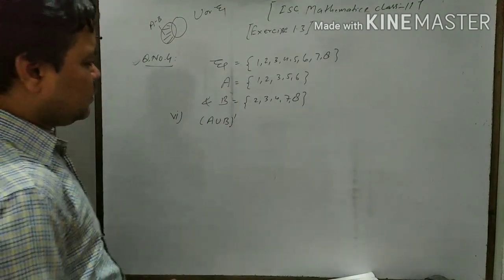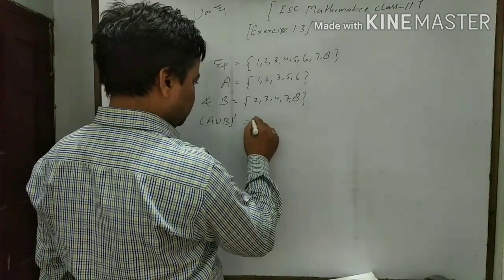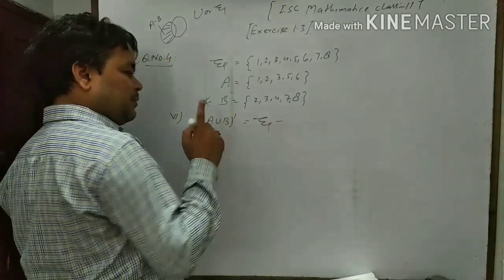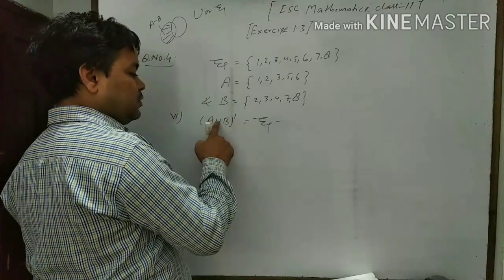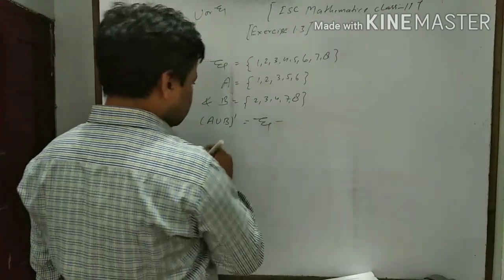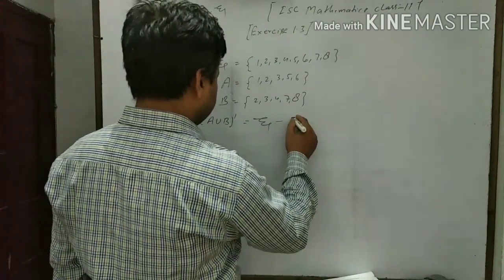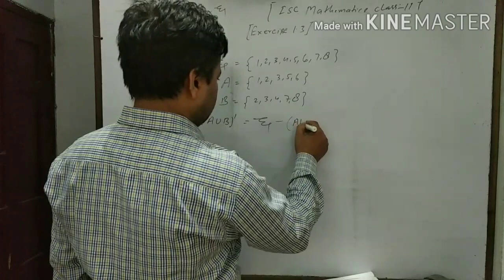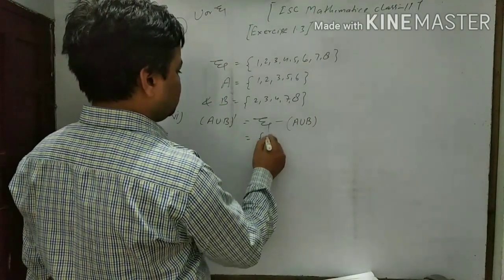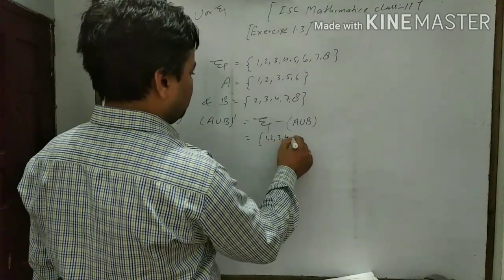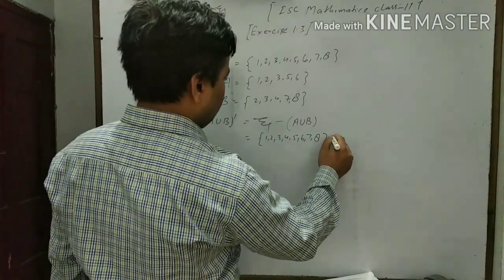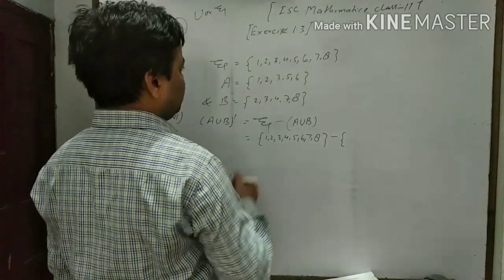Here we have to find the universal set minus A union B, the complement set of A union B. So here we should write 1, 2, 3, 4, 5, 6, 7, 8, and A union B we can also find.